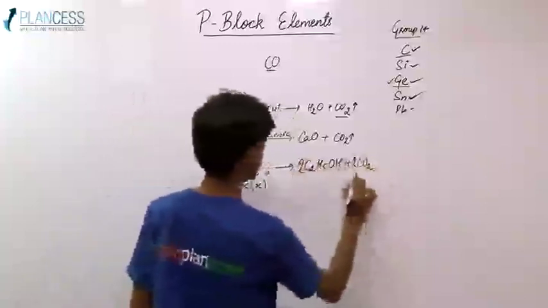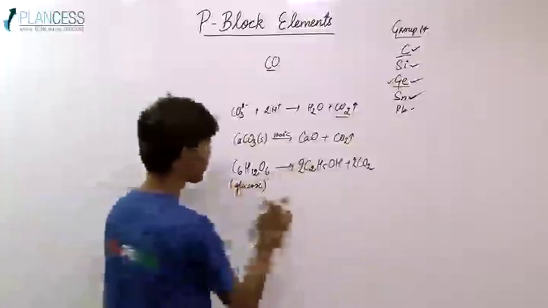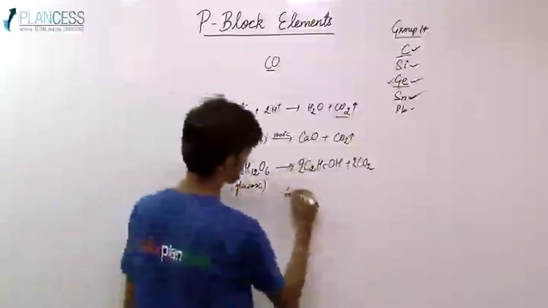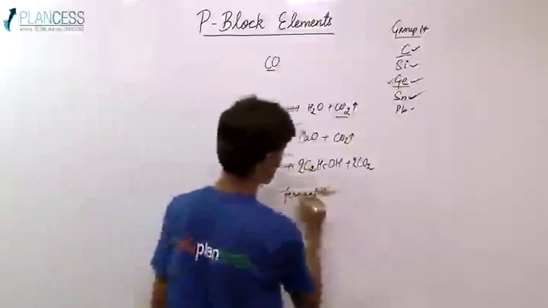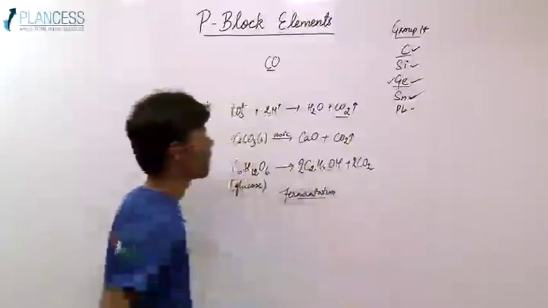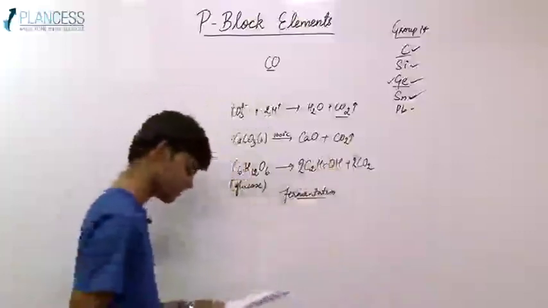I think this equation is balanced now. So this is known as the fermentation process. By the action of bacteria, glucose decomposes into ethyl alcohol, and carbon dioxide is released subsequently.